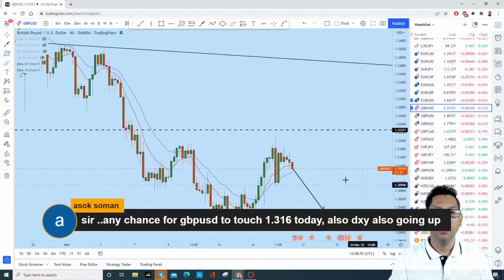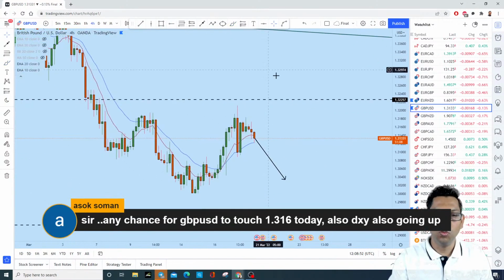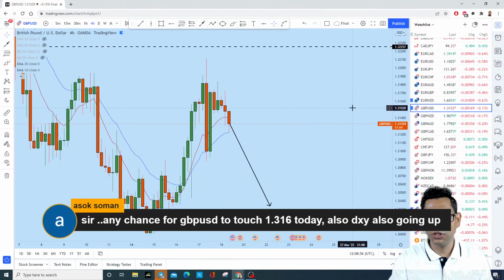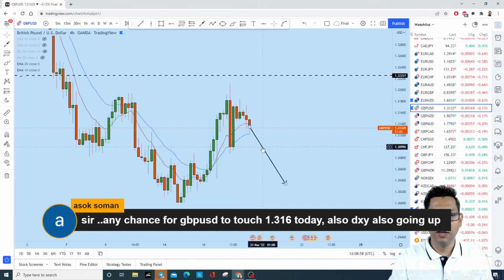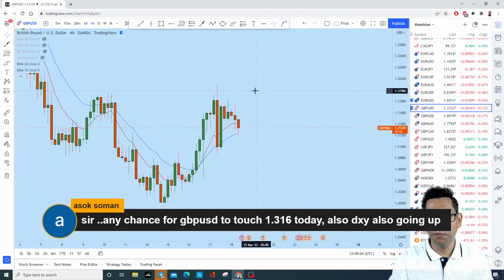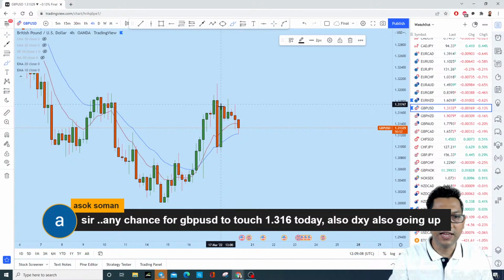It is always impossible to say how far it will come, because so far GBPUSD is dropping, and from here we could even see a little bit of uprise, because already you see there is a green candle here.